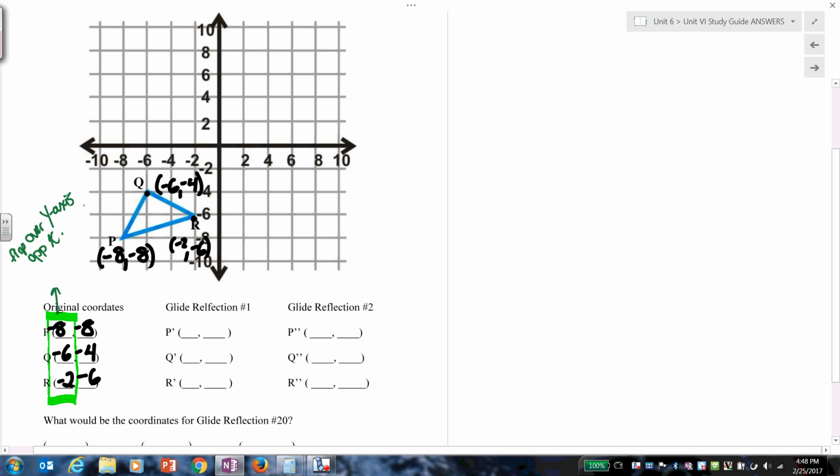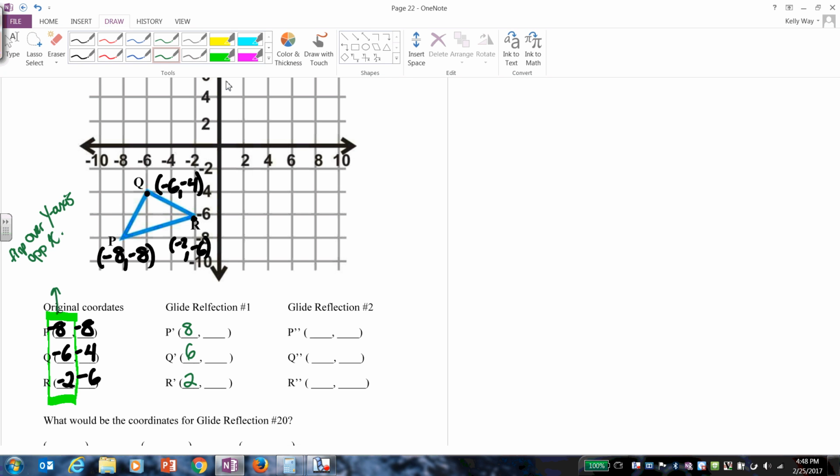So glide reflection number 1, you simply opposite those x coordinates. That is going to be 8, that's -8, that's +8. -6, +6, -2, +2.